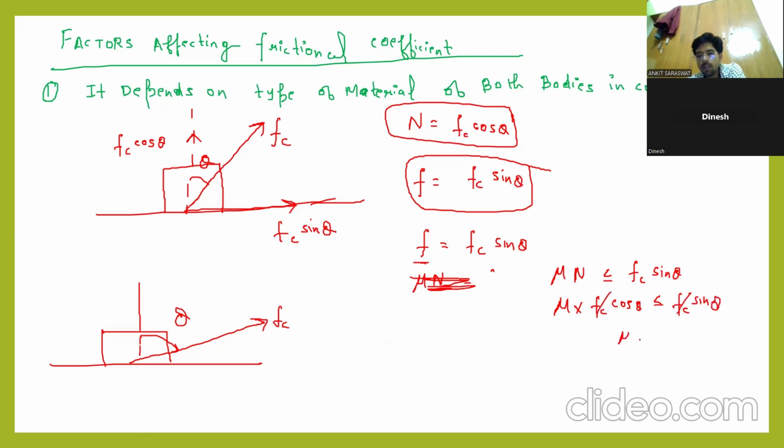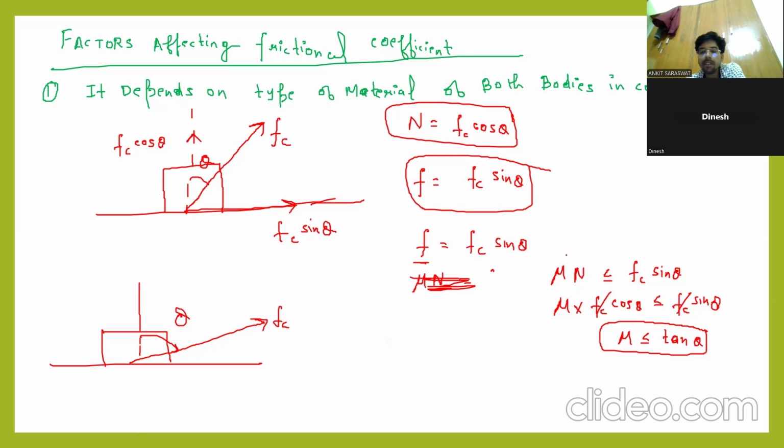So mu will be less than or equal to tan theta. Clear? Why am I writing this? Mu into N is what?